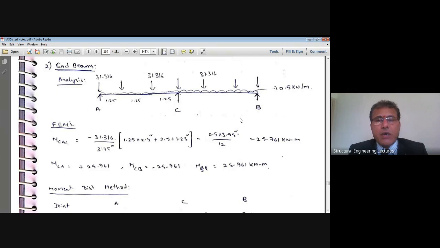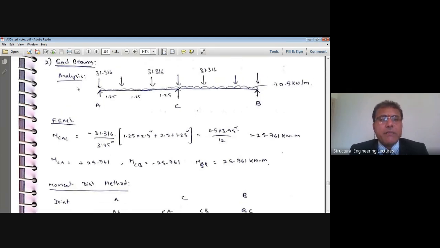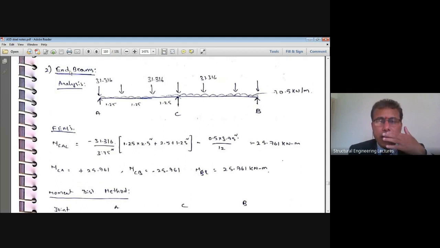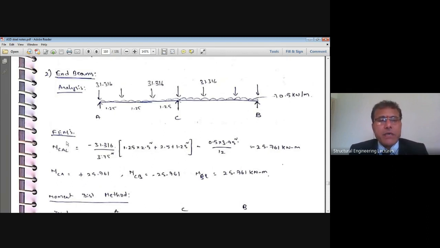That is the loading diagram on the end beam, with an assumed self-weight of this longitudinal girder of 0.5 kilonewton per meter. Once I do the analysis of this end beam, likewise you can analyze the intermediate beam also.